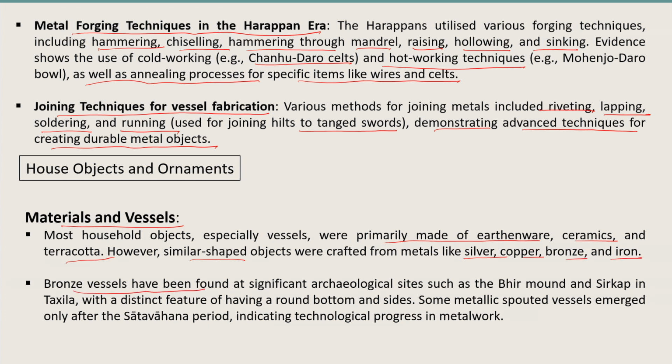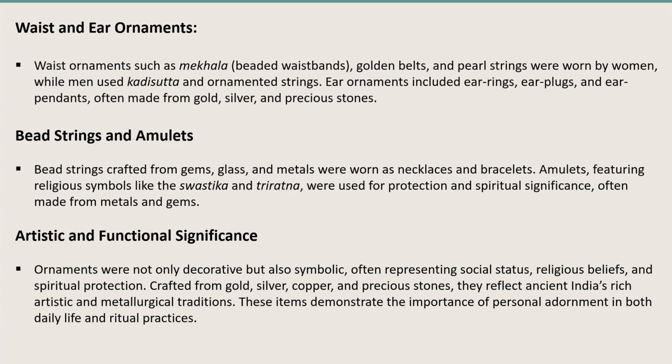Bronze vessels have been found at significant archaeological sites such as the Bhir Mound and Sirkap in Takshashila, with a distinct feature of having a round bottom and sides. Some metallic spouted vessels emerged only after the Satavahana period, indicating technological progress in metalwork.